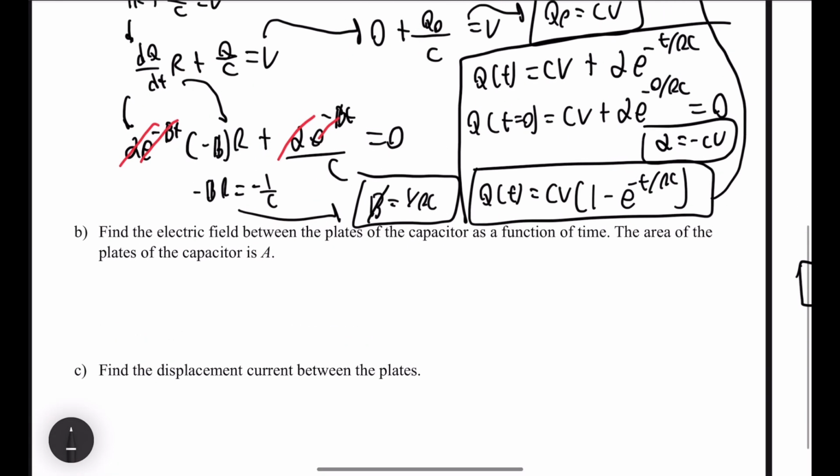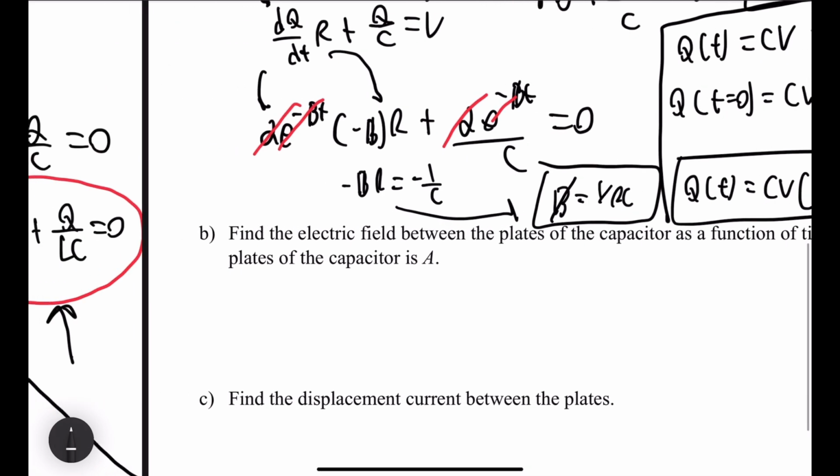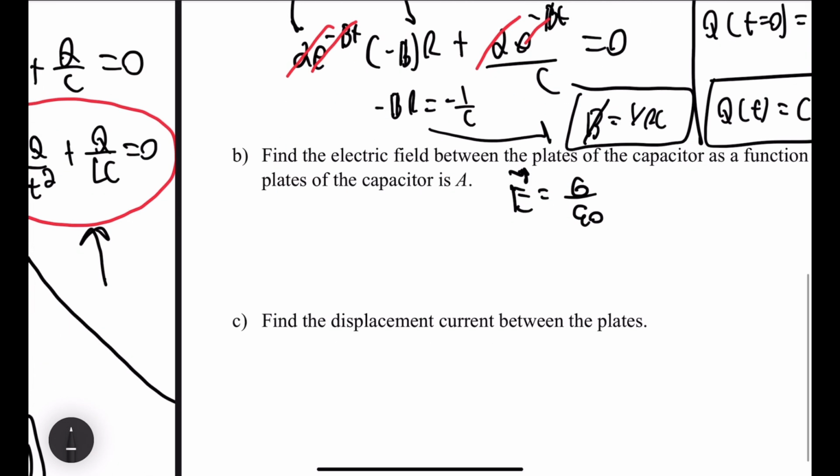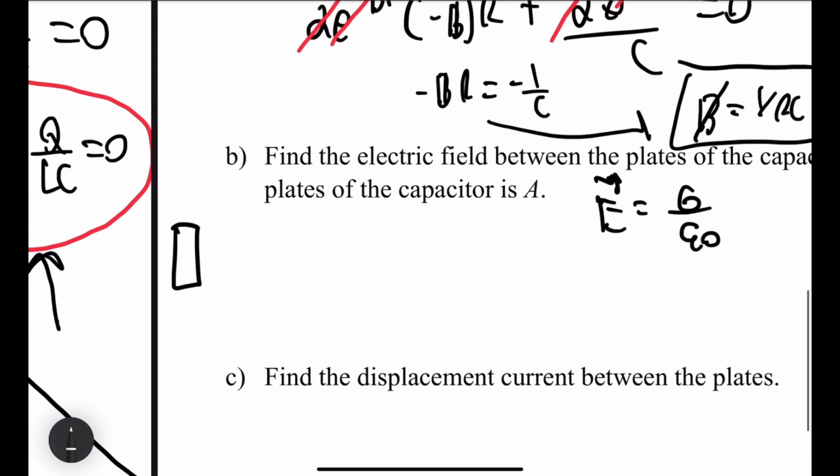Now part B, it wants to find the electric field between the plates of the capacitor as a function of time, given that the area is A. Well, the electric field for capacitors is sigma over epsilon naught. In case we don't have that memorized, the way you can derive it is if you draw capacitors, you take a cylinder and you get a cap here.